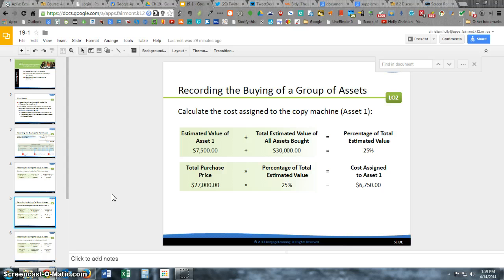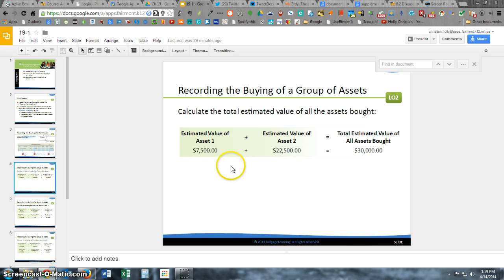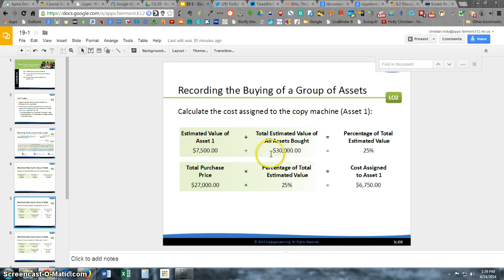So to figure out how we're going to journalize it, the first asset was valued at $7,500. We're going to divide that by the total $30,000. If we go back to this slide, estimated value of the first asset, total estimated value. I'm going to take the value of the first divided by the total. I get 25%.